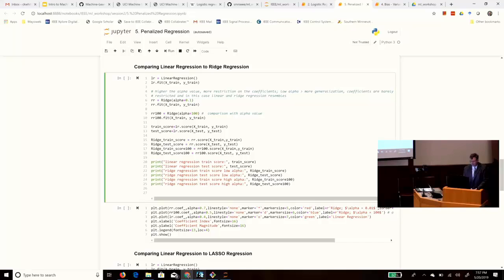So right below linear is ridge. Remember, I need that alpha, that step size. I do a fit, and I'm going to do it for two different alphas. So a small step size of 0.1 and a big step size. And then I'm going to take those outputs and look at how well it does on the test data set. So there's training and there's test.